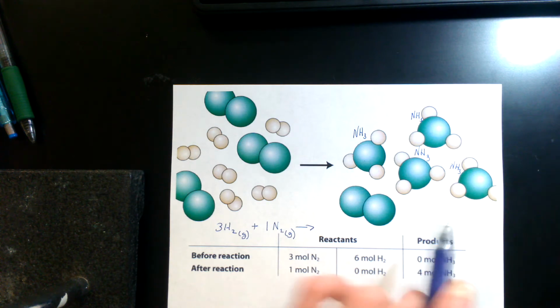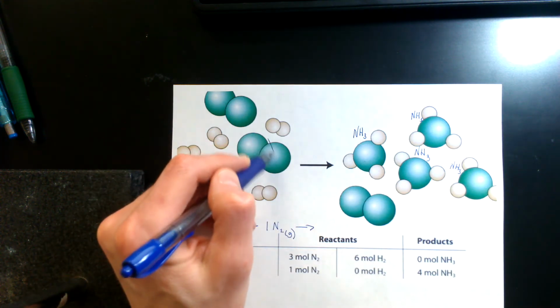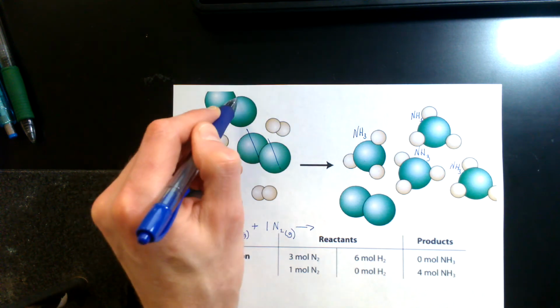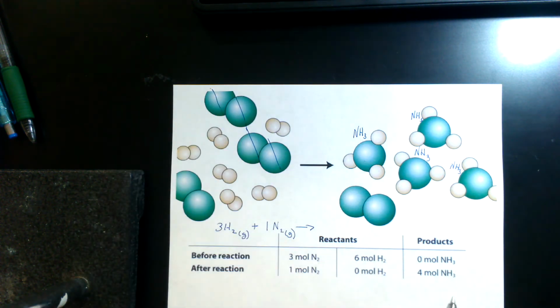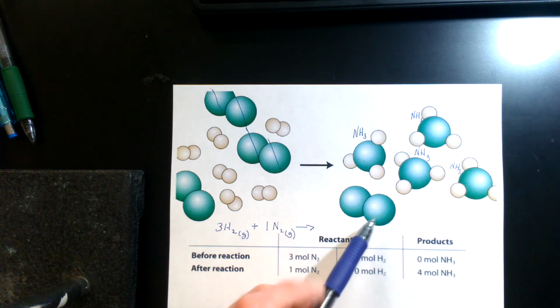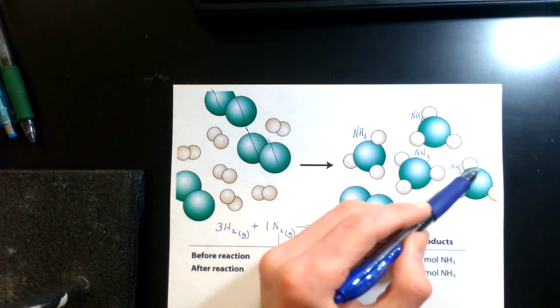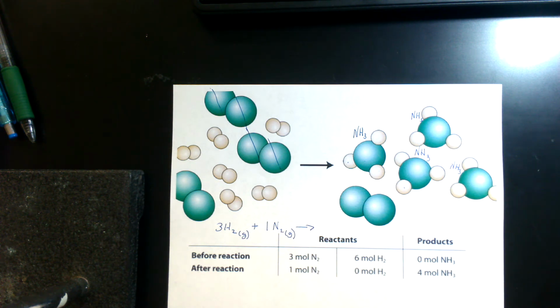Now, these 4 green, let's say you used this one, this, and this. Okay, so there are those. Notice you have 1 nitrogen molecule here that is left over. It's in excess. The hydrogens, we've used 1, 2, 3, 4, 5, 6, 7, 8, 9, 10, 11, 12 of those hydrogen atoms.